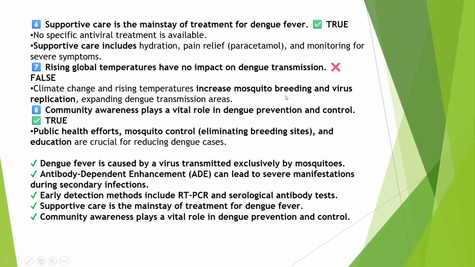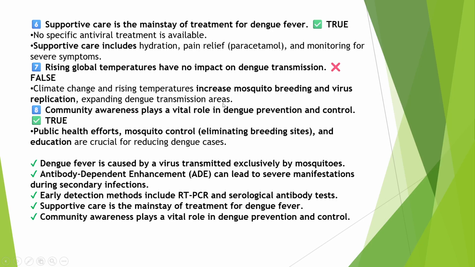If there are more mosquitoes, there are more carriers for the virus, and obviously the rate of infection will be higher. That is why dengue is very prevalent in tropical and subtropical countries. Temperature also increases virus replication, expanding the dengue transmission area.